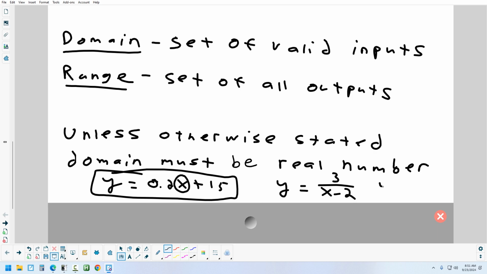Okay, and let's look at this one. Square root of x minus 3. When you have square roots in a problem, that's something else we have to be careful with. We're dealing with real numbers.